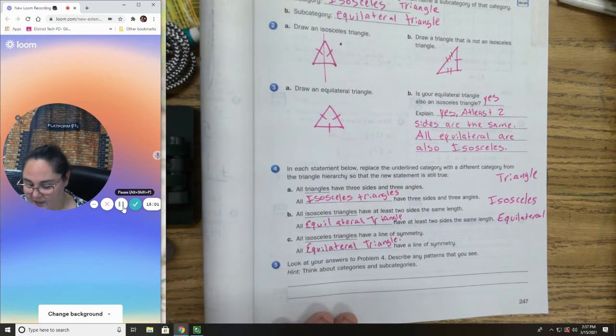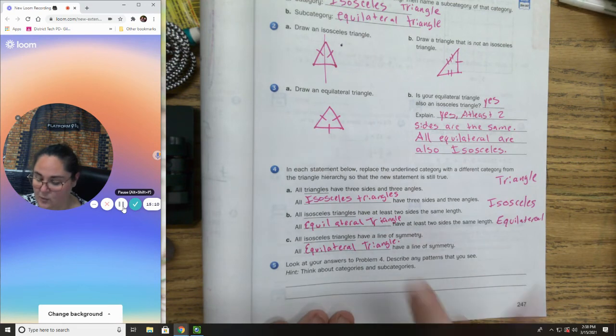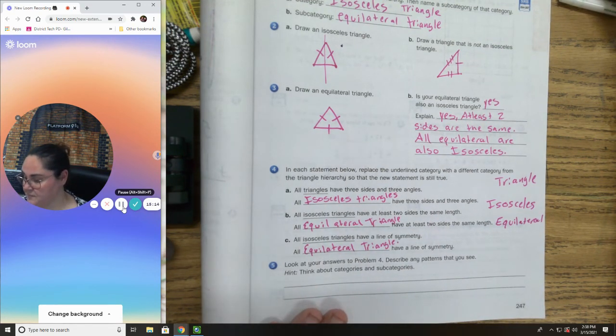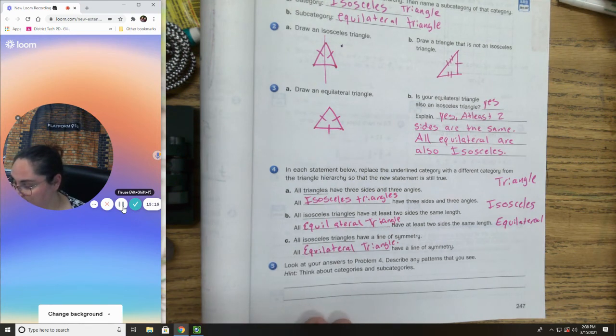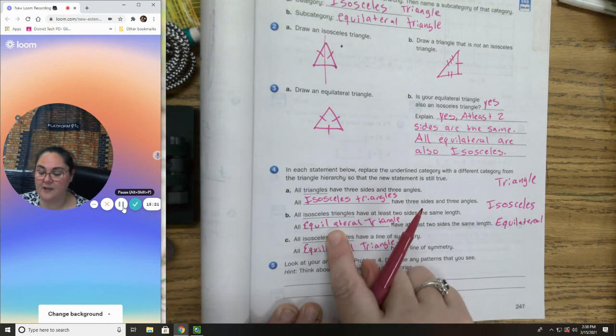It says, look at your answer for problem 4. Describe any patterns that you see. So you could say equilateral fits everything. That's an option. You could say you always filled it out with something that's a subcategory below it.